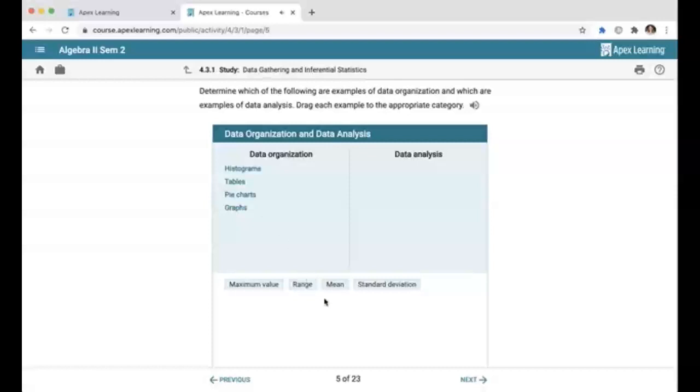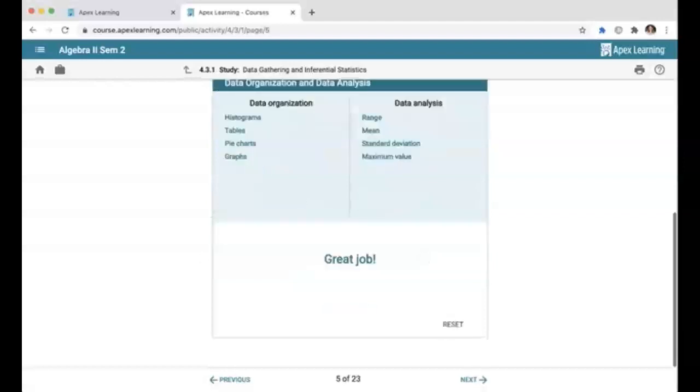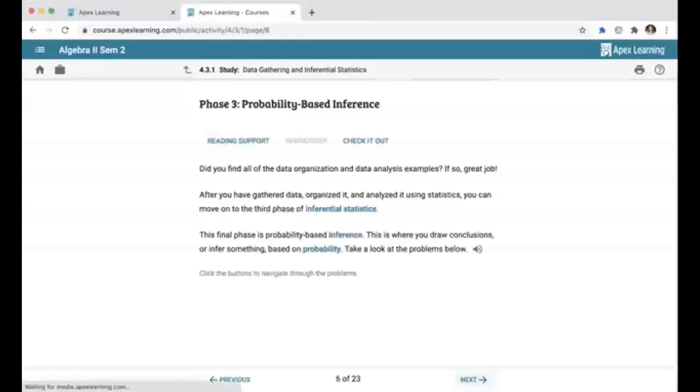But something that's going to be data analysis is finding that range, finding that mean, that standard deviation, that max value. So the difference is that data organization is making it visual, and data analysis is being able to calculate it and get a value out.